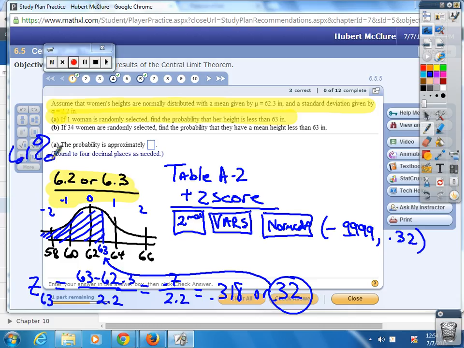What do y'all get? I'm sorry, what? It's a miracle. 0.625, which is 62.5% chance, or a 0.625 probability. Now that is all of this right here. That's 6.2 and 6.3.